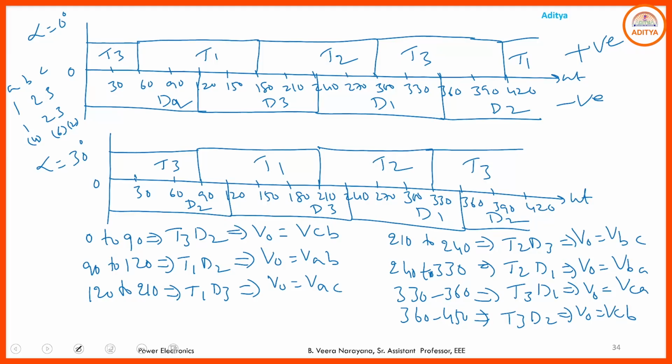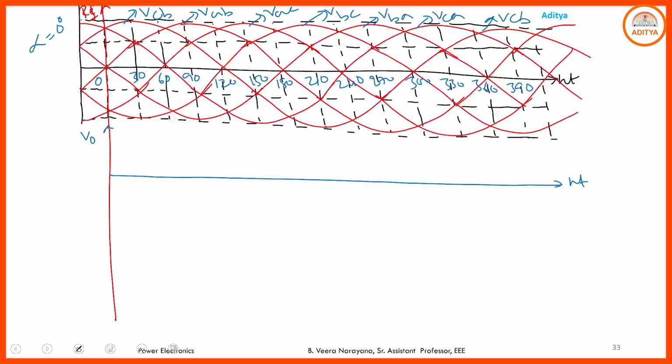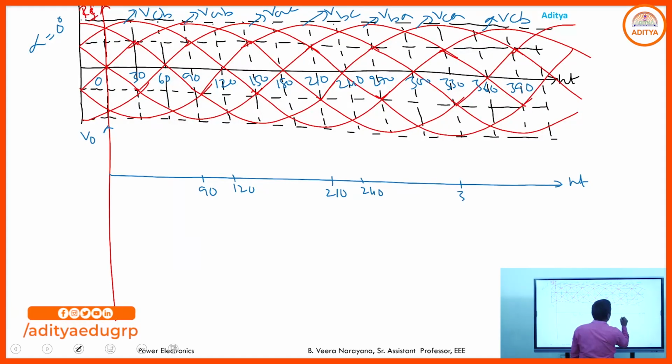So from this timing diagram, how do you draw the output voltage? Go through this. You put these intervals: 0 to 90, 90 to 120, 120 to 210, 210 to 240, 240 to 330, 330 to 360, like this.